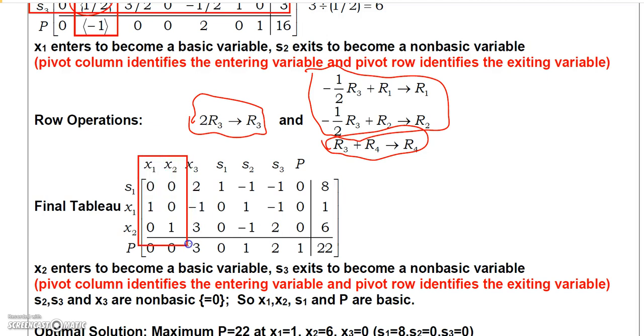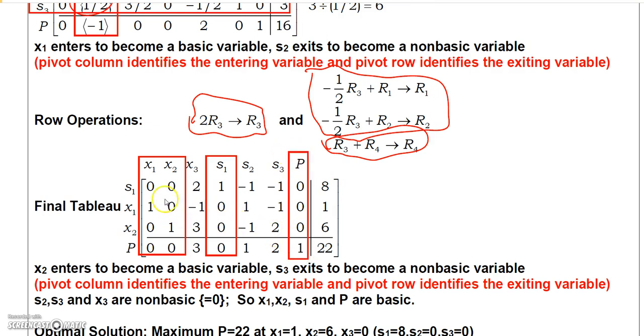I see 2 basic variables here. I see another basic variable here. See the 1 and the zeros? And then of course P, as I told you before, always remains basic. So it turns out that x1 is basic, x2 is basic, s1 is basic, and p is basic.